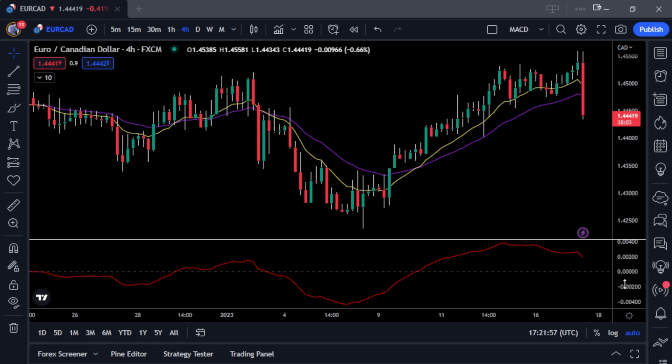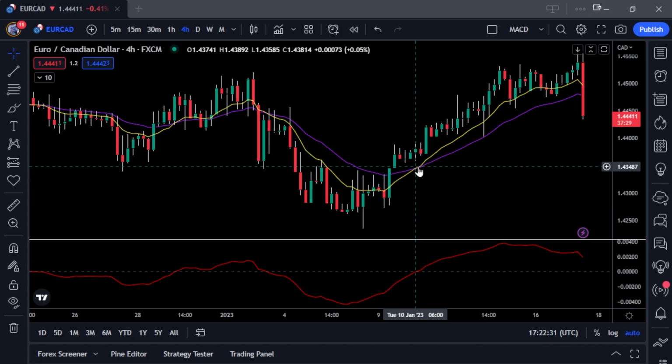It's derived from the two moving averages, the 12 and 26 exponential moving averages. The 12 is the faster moving average there in yellow, and the purple one is the 26. Now, what the two moving averages basically show you, or the principle, is as the faster moving average breaks above the slower moving average, it's basically a signal that the move is becoming bullish.